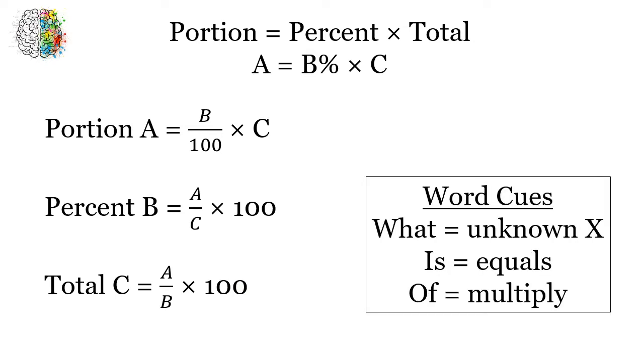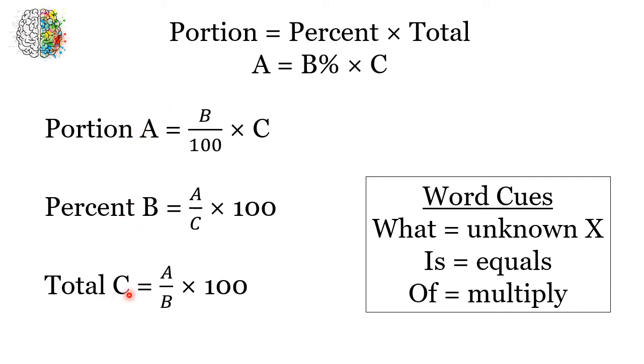When you're solving word problems, oftentimes there are word cues. So the most common word cues are these. What is going to be the unknown that you're solving for. So this unknown x is going to be telling you, am I solving for the portion, the percent, or the total?